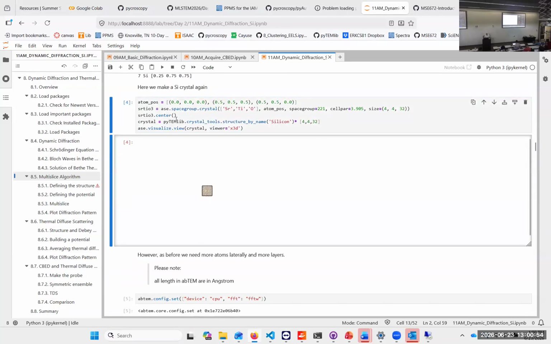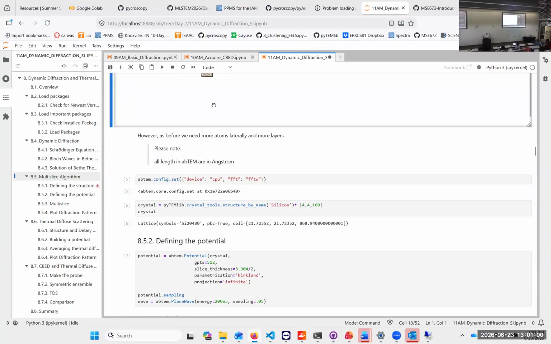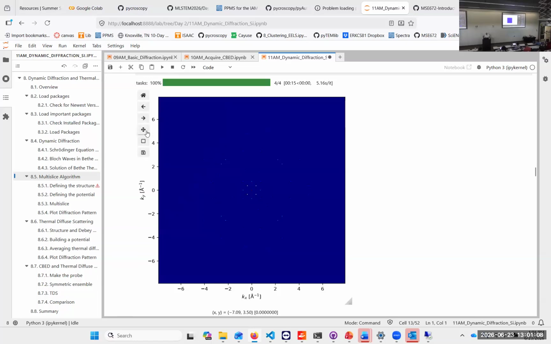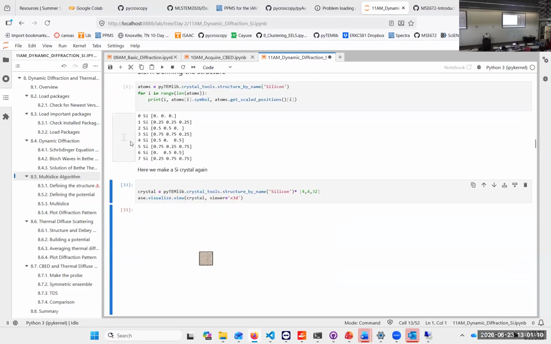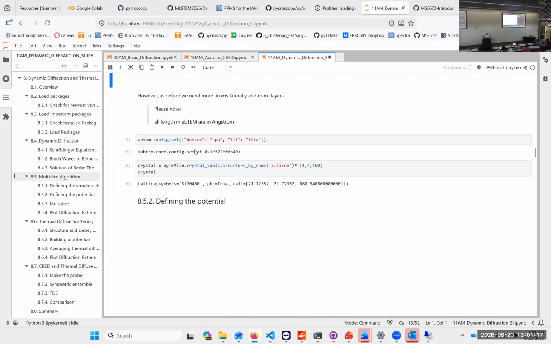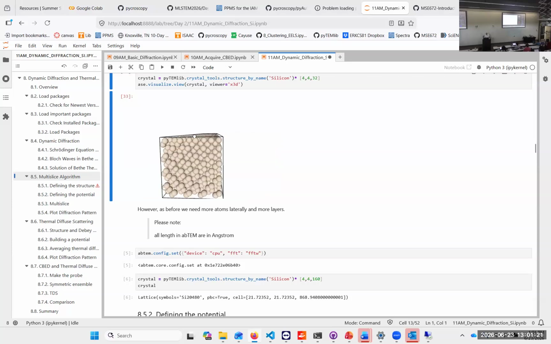This is not what we want, so let's do a crystal here. This is our silicon crystal, and it is thick.